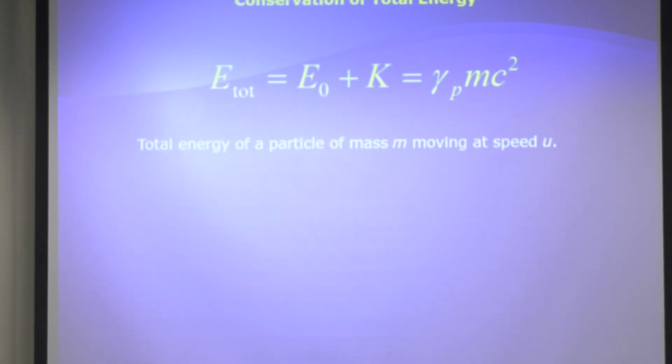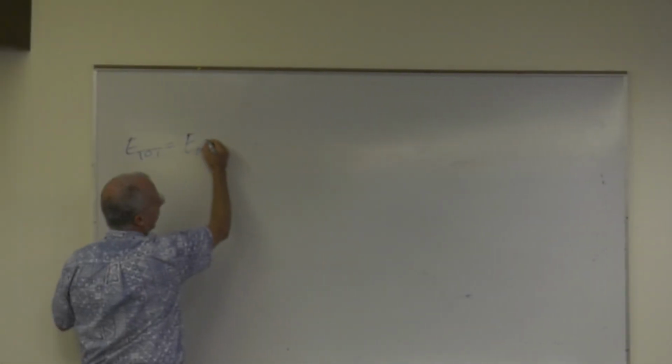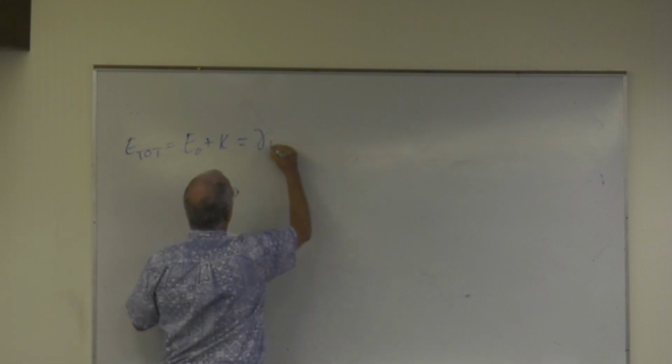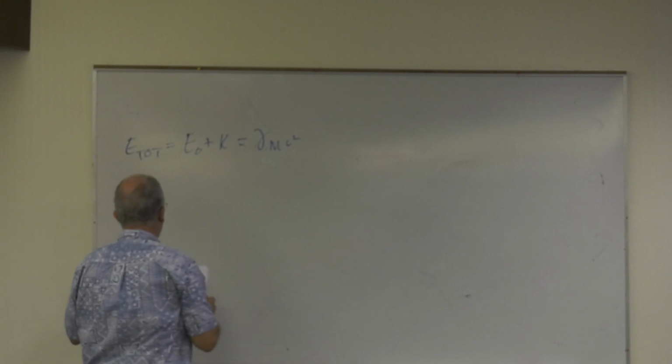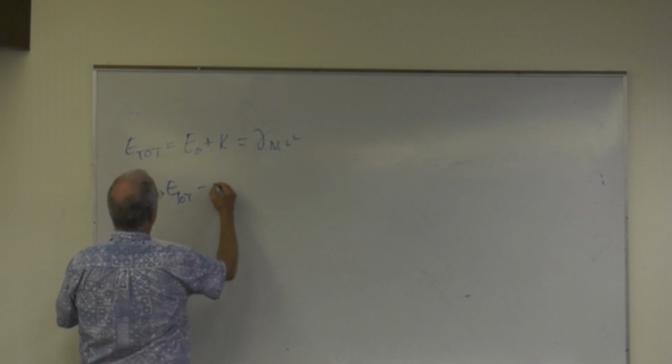Okay, now there's more to it. Let's keep going. Let's get a new equation for kinetic energy, because the classical one is wrong. Well, it's not a big deal. So we have E total equals E0 plus K, which equals gamma mc squared. Therefore K is just E total minus E0.